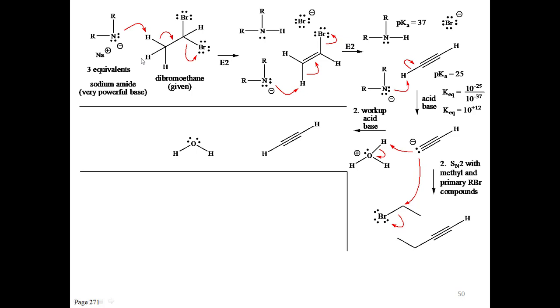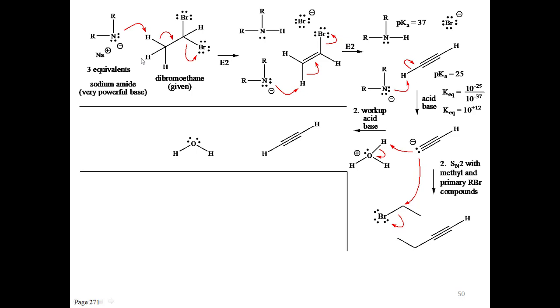What we see is the very strong base picks off a proton, anti C beta H, C alpha X leaves. So now we have an alkene. So now we could come and do it again. So we pick off the proton, make a pi bond, and it leaves. And now our molecule has become an alkyne.